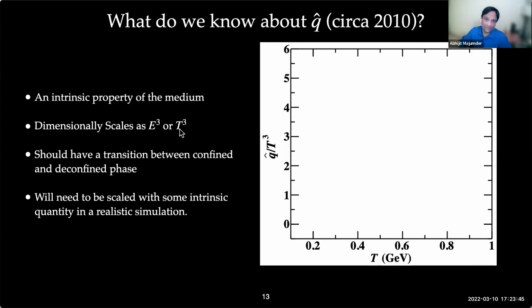Remember it's transverse momentum squared per length, so its dimension is like temperature cubed. And it should have some transition between a confined and deconfined phase. And if you want to calculate with it, you have to scale it with some intrinsic quantity in a realistic simulation. So the way this works is you put it in a simulation, you run the simulation, you compare to the experiment, then you extract what that q-hat was.